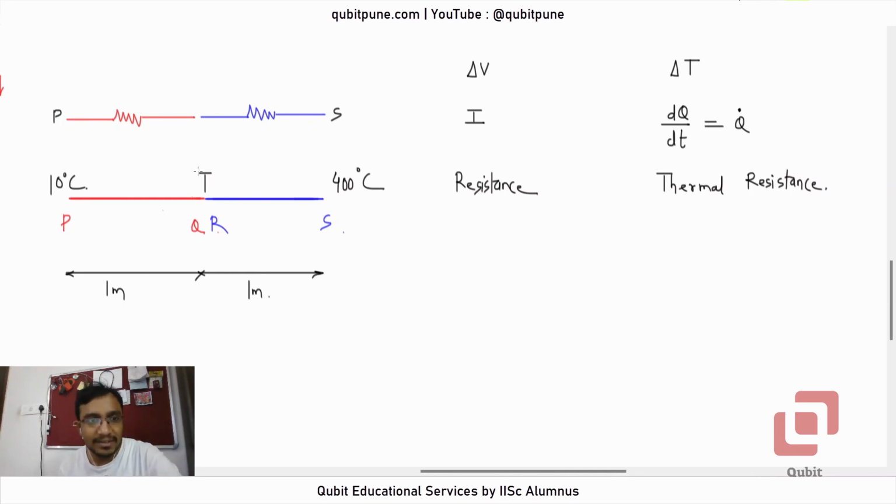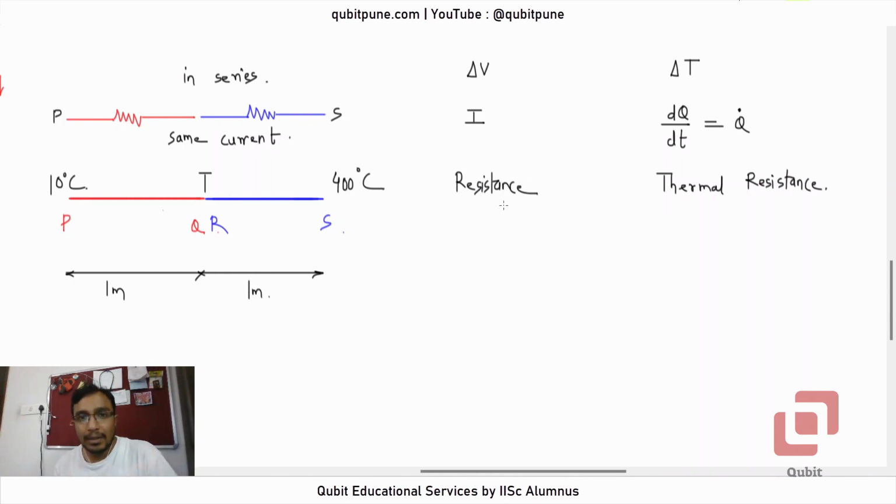Look, these resistors are connected in series. That means the same current must be flowing through them. Got the point? If the same current flows through them, what equation can I write?